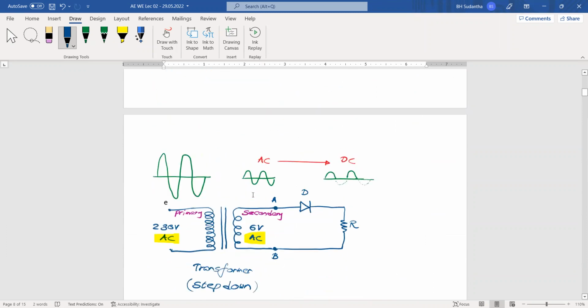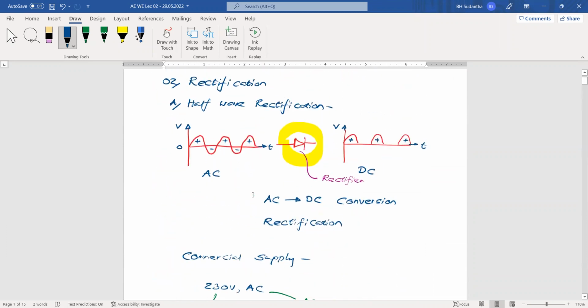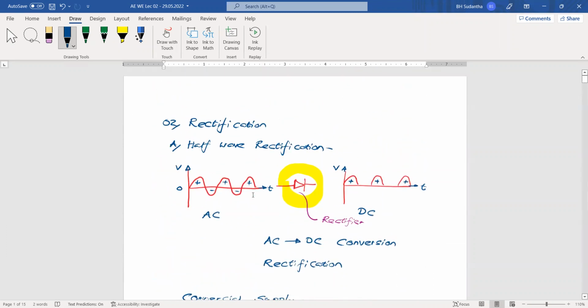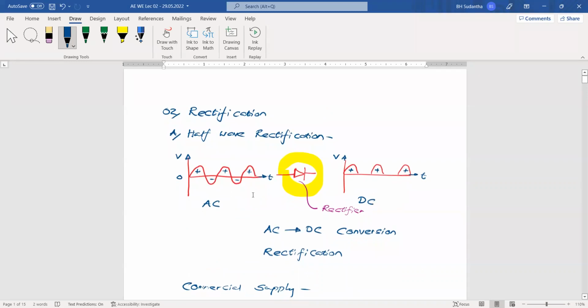When it comes to rectification, we have two methods: half-wave rectification and full-wave rectification. With half-wave rectification, we don't receive the negative half cycle at the output side. It's a 50% loss. It's not a good method, but compared to the previous one, we need only a single diode. It's a very simple circuit.